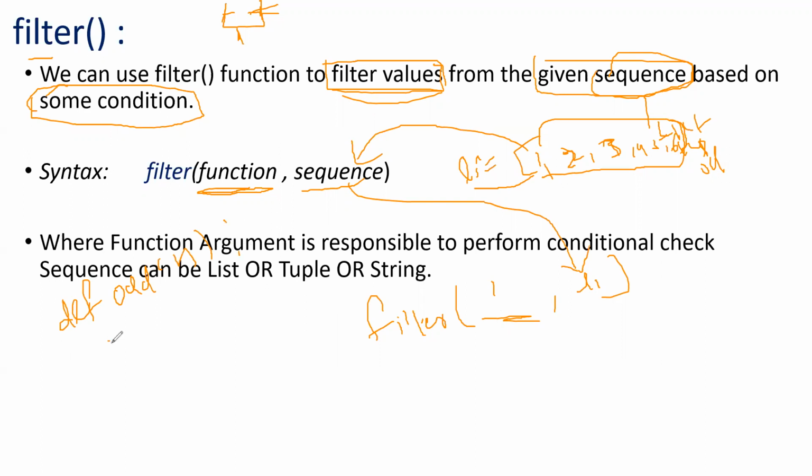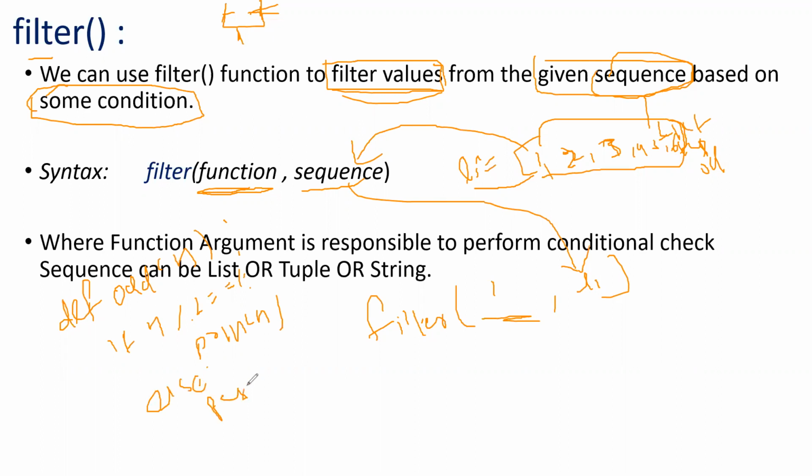The condition: if n by 2 equal to 1, then it is an odd number, print the n value, else nothing, just pass.